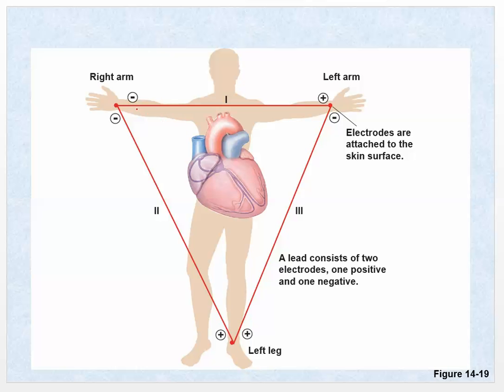This is a 3 lead system, and basically what it's doing is it's measuring across this way, it's measuring across this way, and it's measuring across this way. So you're getting a few different views of what's going on with the heart, but mainly it's lead 2. That doesn't say lead 2, but usually it's lead 2.